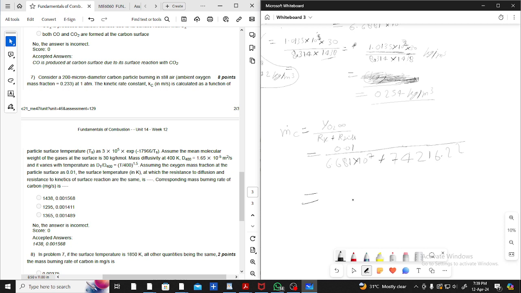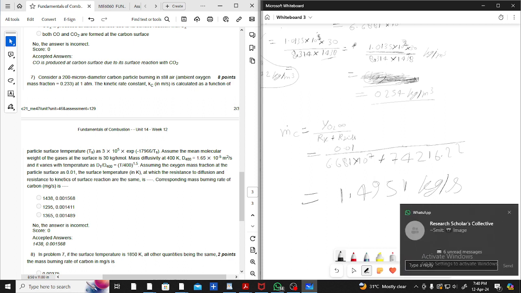Okay. It will be 1.4951 kg per second. No, 10 to the power minus 10 kg per second.